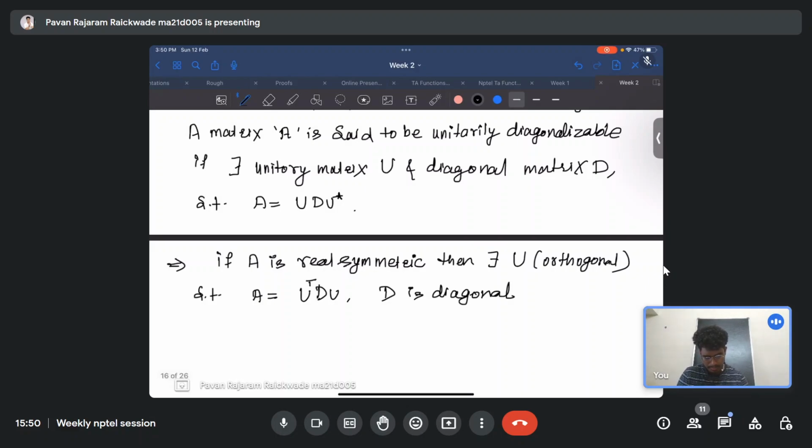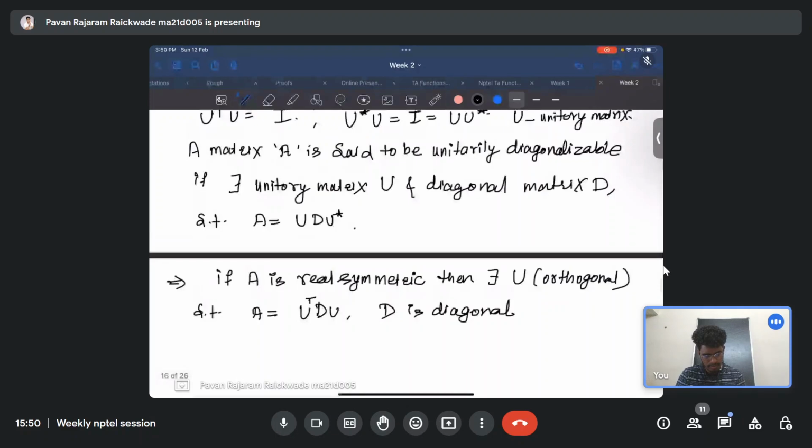The diagonal entries of D will be the eigenvalues, so here the eigenvalues are 1, root 3, root 5.